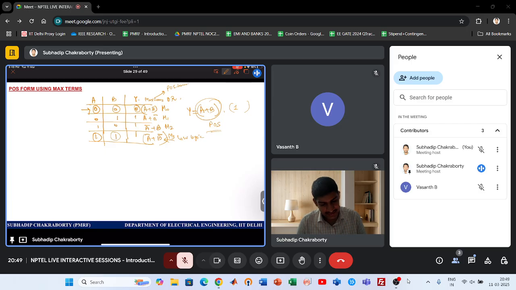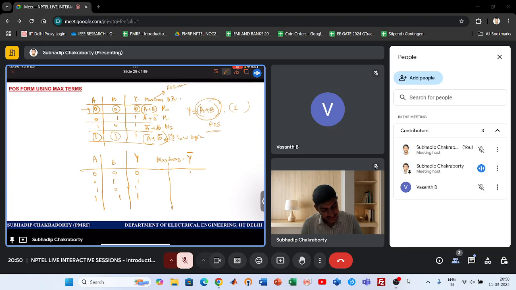But you need to understand one thing: when you try to write the max terms, you are actually writing the complement term, right? So y bar is nothing but 1, 0, 0, 0.